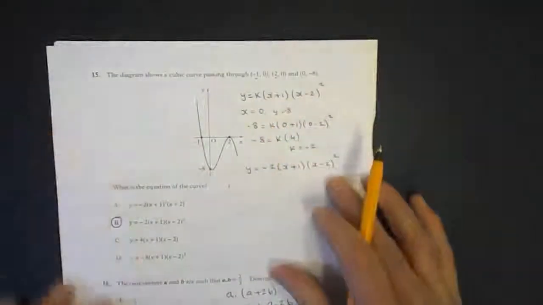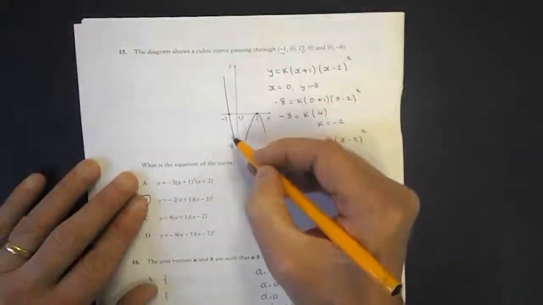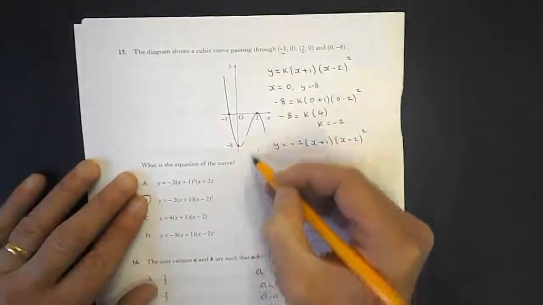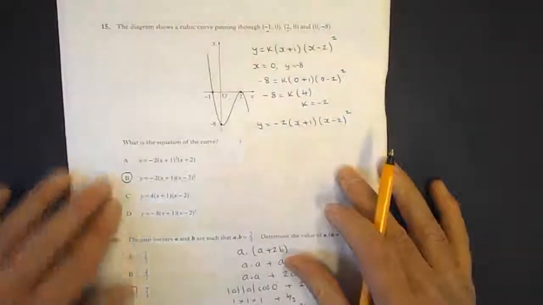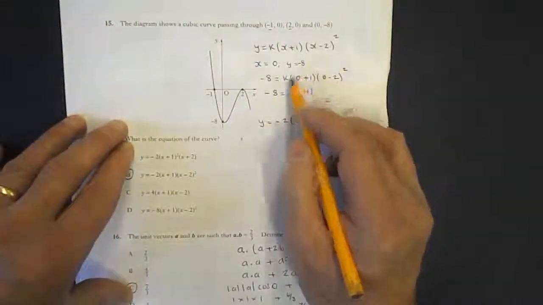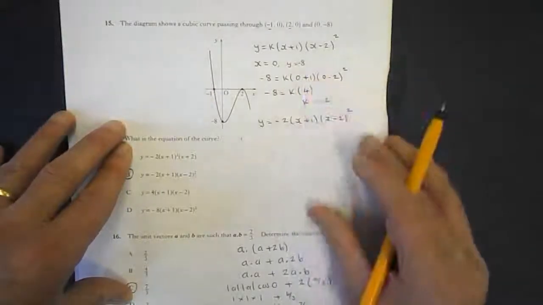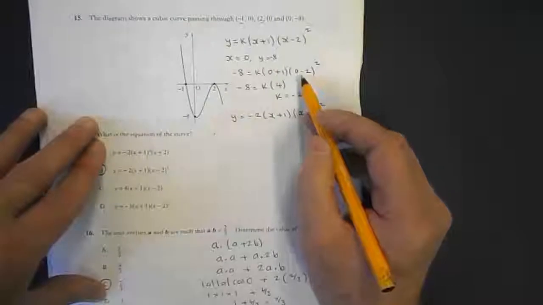Why is there a k there? Well, this graph here could have been stretched or compressed in any way at all, could be going all the way down, but only one of them goes through minus 8. So when x is 0, y is minus 8. So minus 8 is k times 0 add 1, 1, 0 take 2, don't forget x is 0.